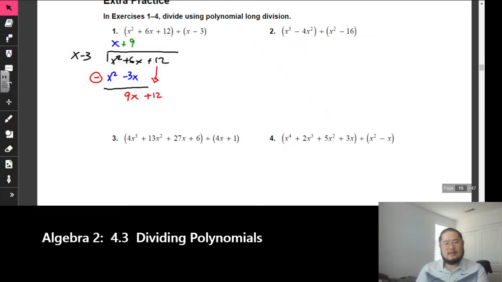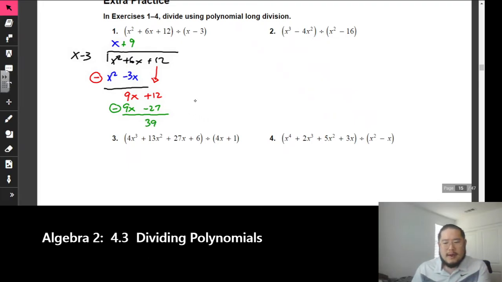And then I want to take this 9, multiply it by x. I get 9x, and then 9 times negative 3 is negative 27. And so once again, we're going to be subtracting right here. 9x minus 9x is 0. 12 minus negative 27, we get 39.